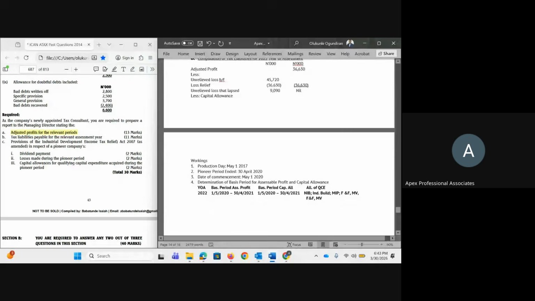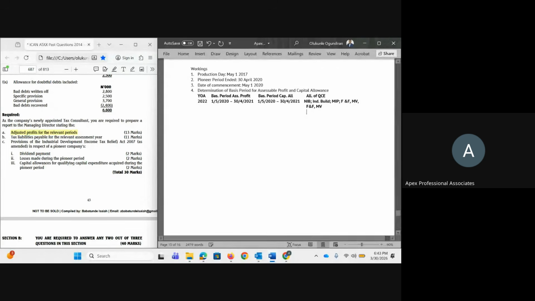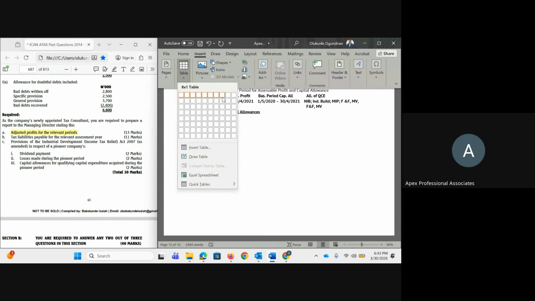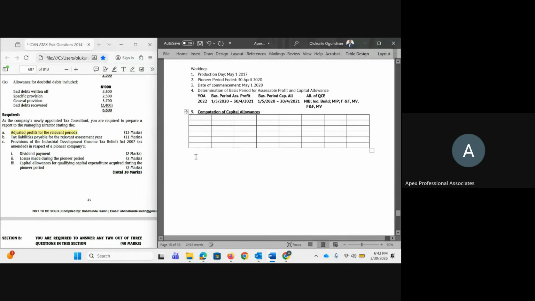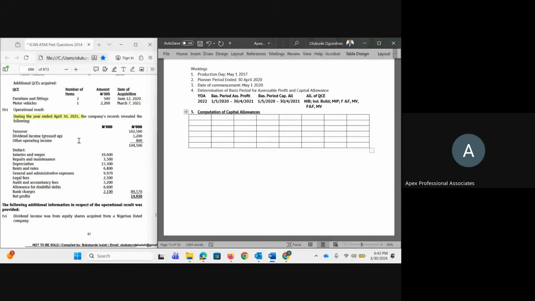So it means I have to go and compute capital allowance. That's number 5. Computation of capital allowances. Are we together? All right, good. So what's the computation of capital allowance here?